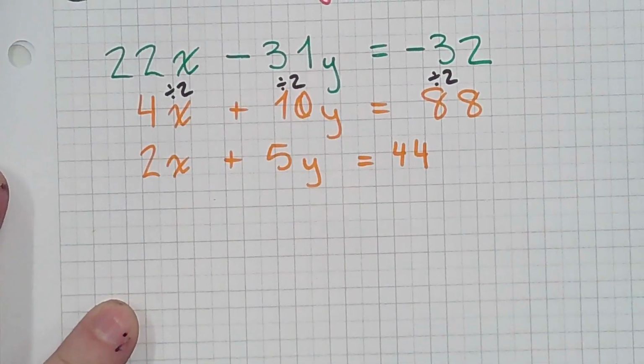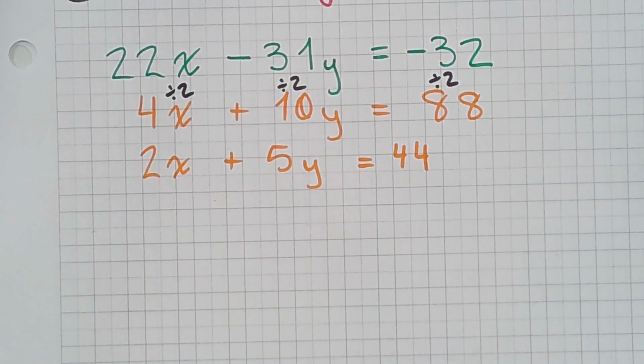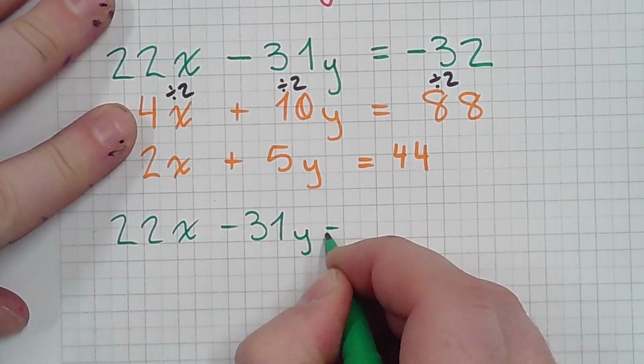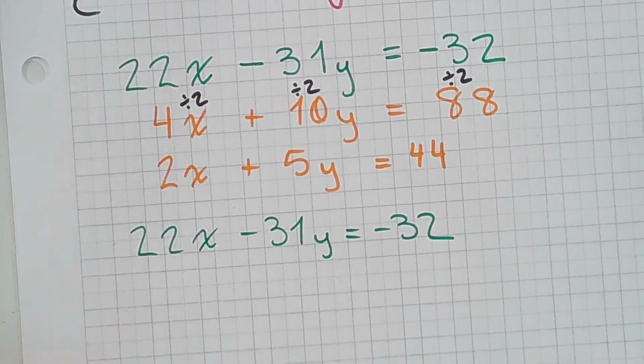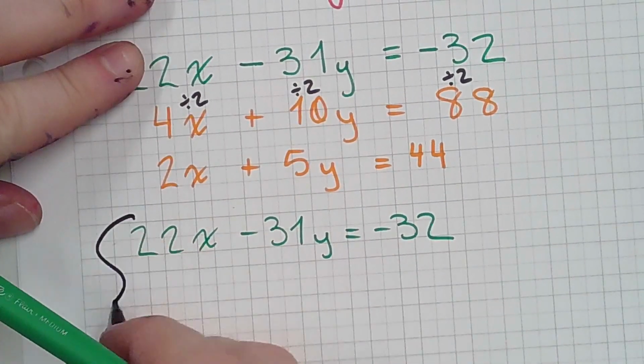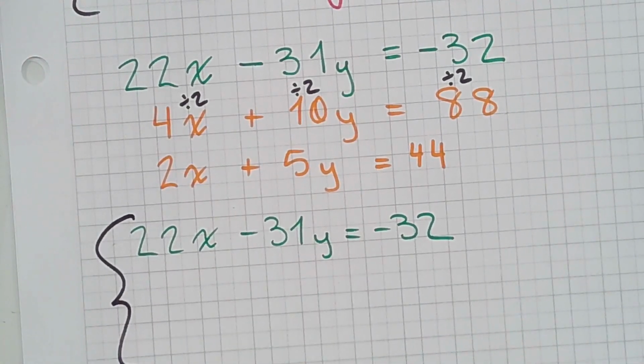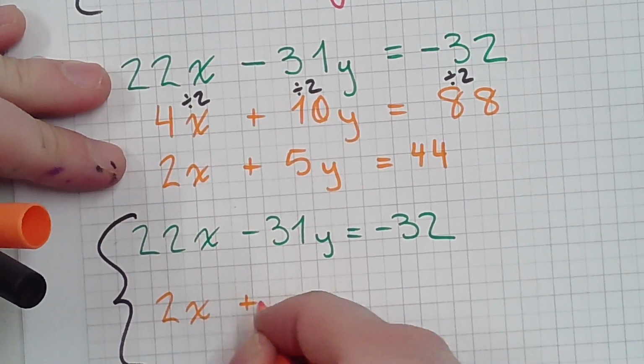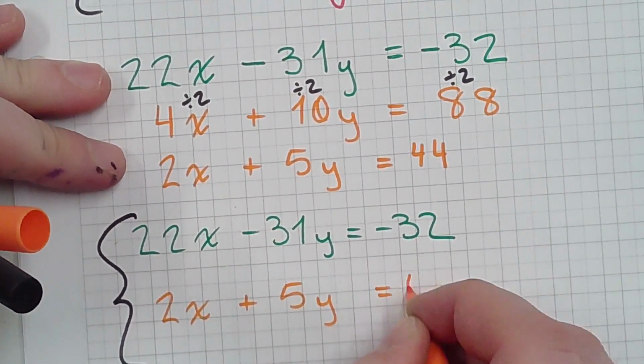So I'm going to write this nice and neat now. 22x minus 31y equals negative 32. And our other equation, after we simplify, is 2x plus 5y equals 44.